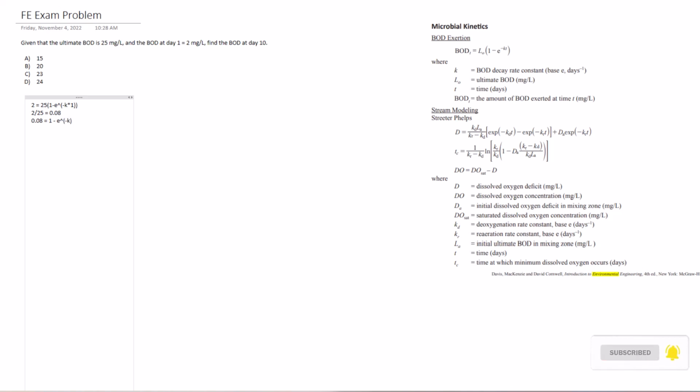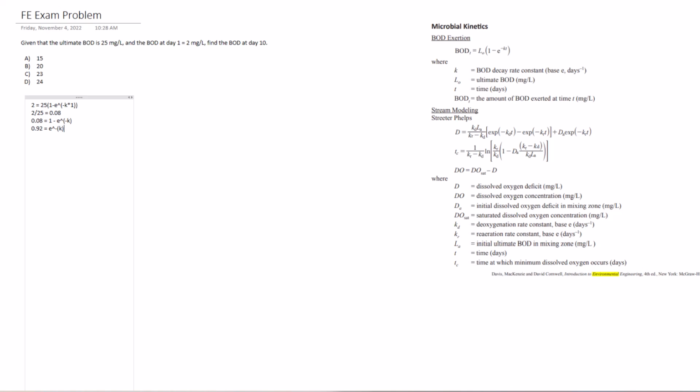So now we can subtract the 1 to the other side, times by negative 1, so we get essentially 0.92 equals e raised to the negative k here. And then if we use our calculators, we can take the natural log of both sides of this equation. Remember, that is the inverse of e in this case.